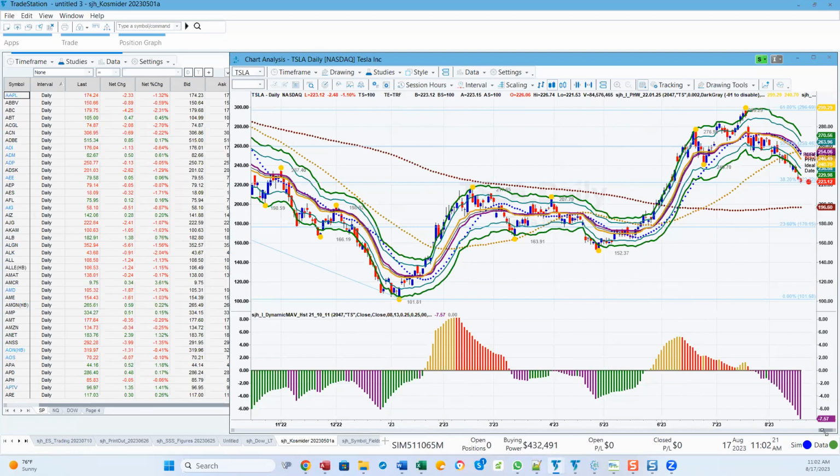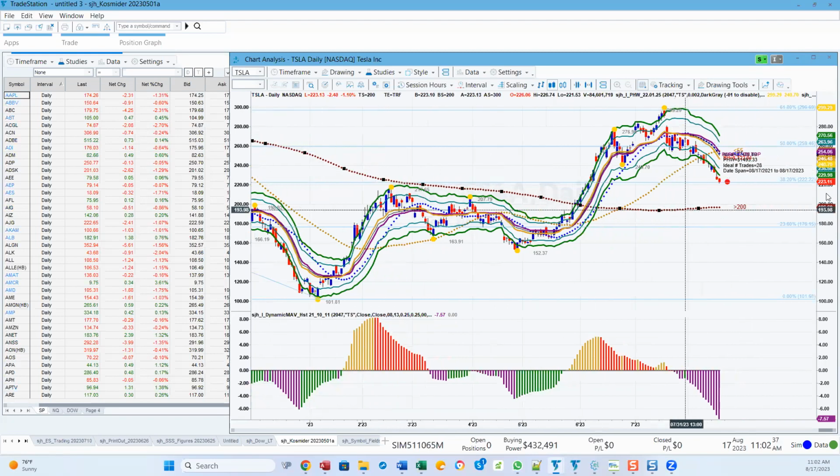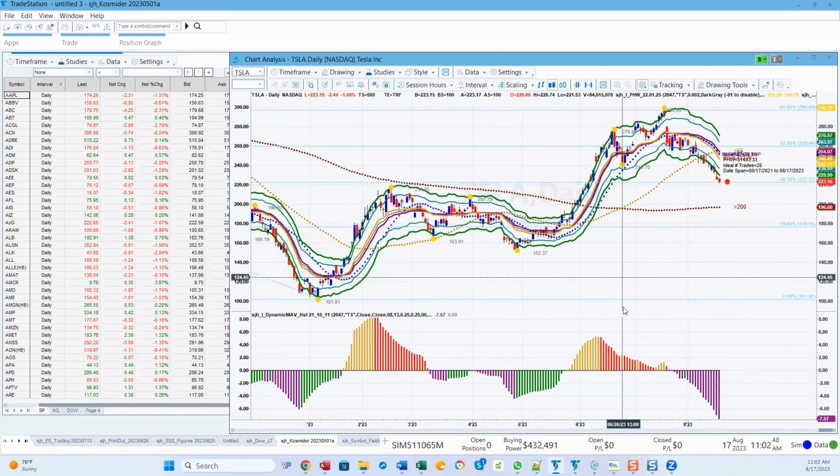So here we're looking at Tesla, which, yes, the chart's up, but the price is down. I also have a 200-day moving average on here, a 55-day, and a 21-day moving average. And you can see over here it says less than 55 and greater than 200. So you can see where price is positioned relative to these moving averages.